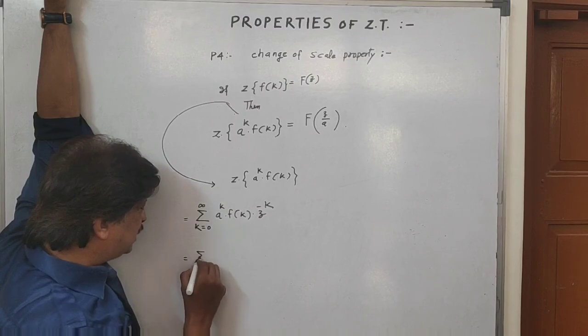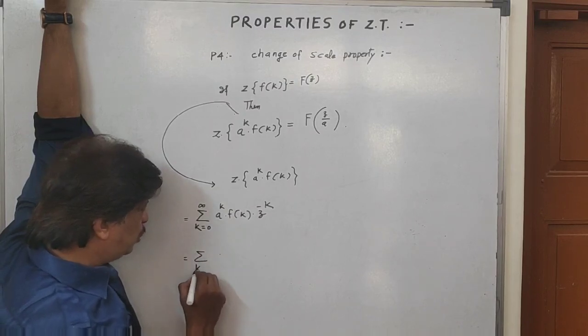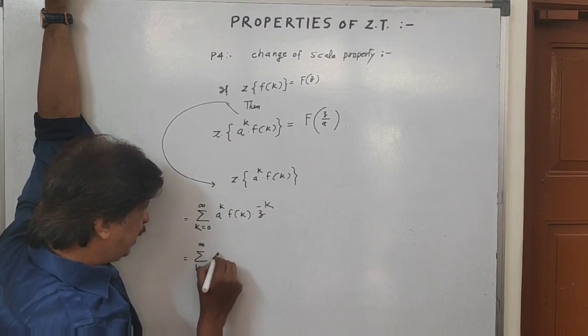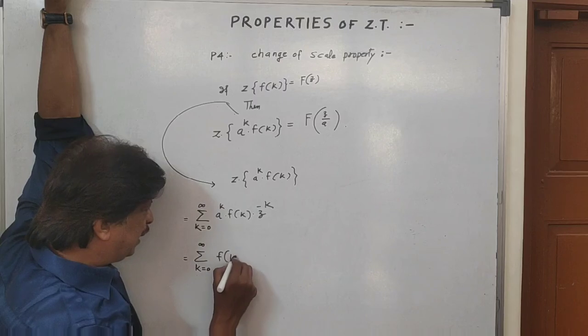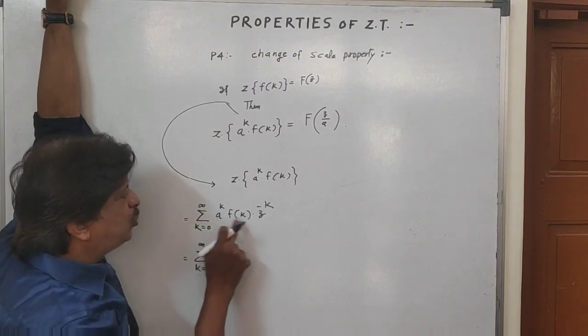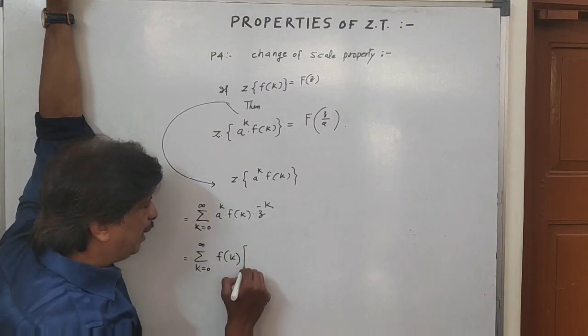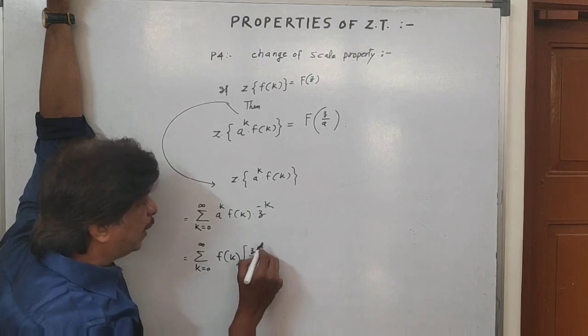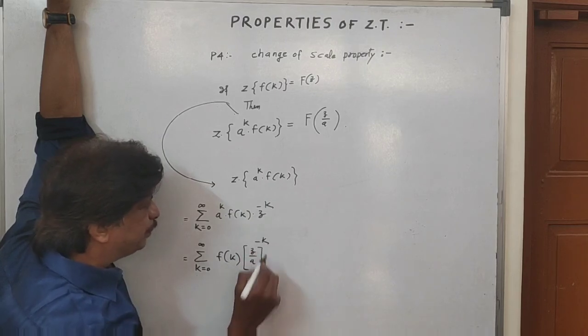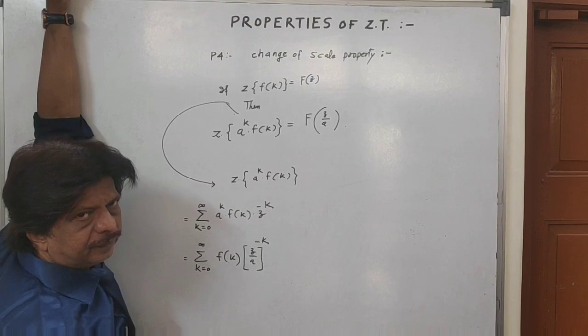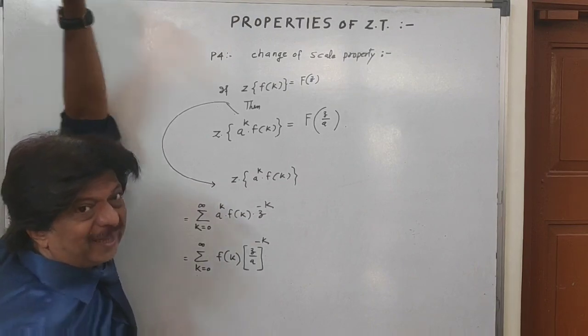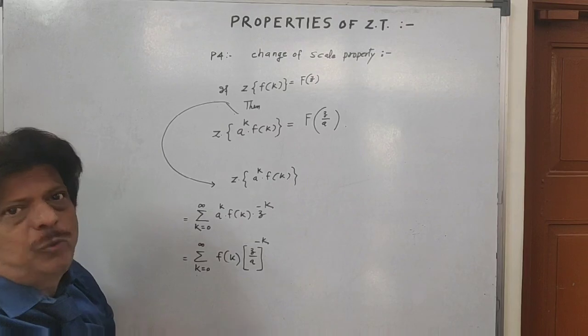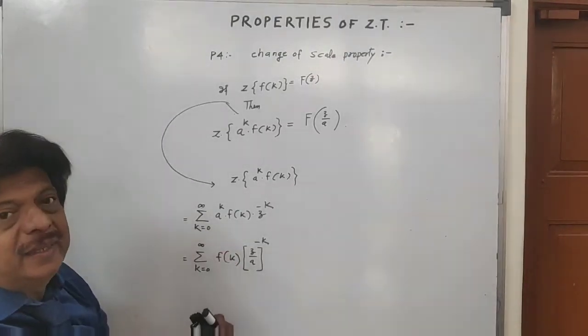This can be rewritten as summation k equal to 0 to infinity f of k, and I write a raised to power k into z raised to power minus k as z by a raised to power minus k.